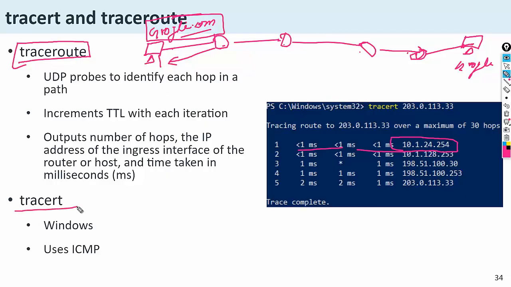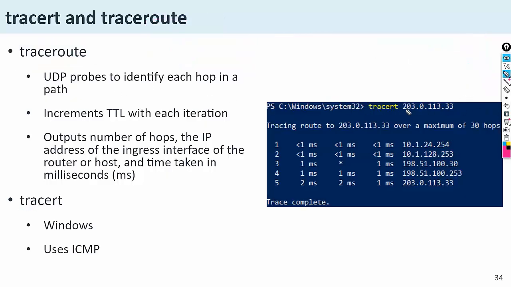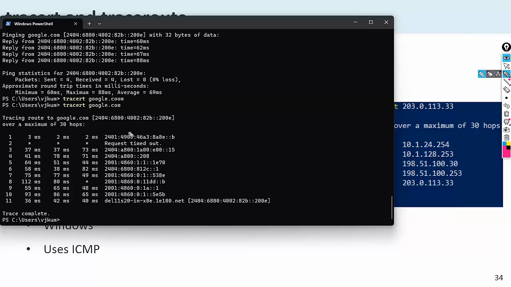The tracert command is used in Windows and the traceroute command is used in Linux. So for example, if this is the IP address, I am going to trace the route to this IP address. Okay guys, so when I run the traceroute command, we get the available routes or hops in between the server and the local machine.